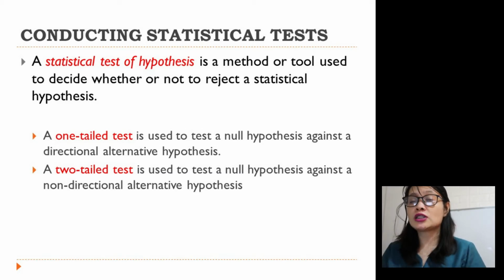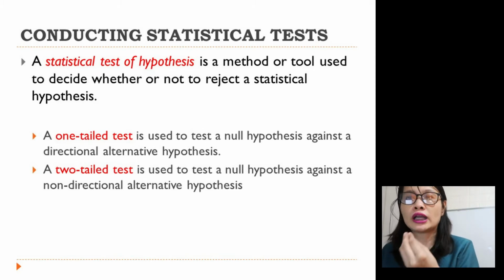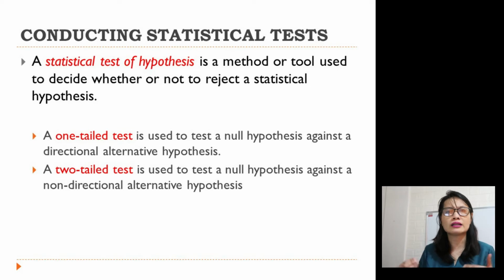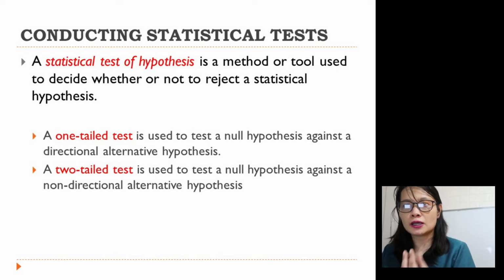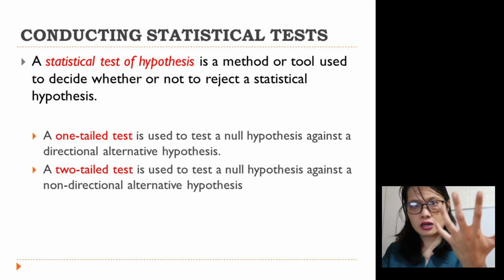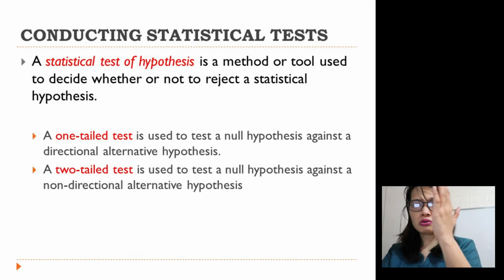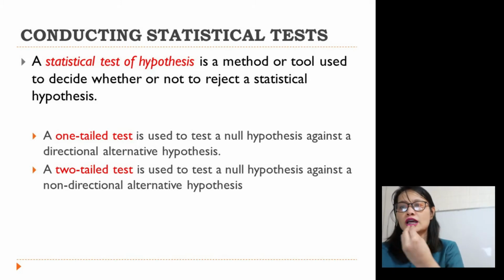If your HA is directional, gagamitin natin is one-tailed. If your HA is non-directional, that is two-tailed test. How can we determine the non-directional? Through the symbol. If your HA is using the symbol not equal, that's non-directional. If your HA is using greater than or less than, higher than or lower than, so that is one-tailed. Okay, so that is directional.